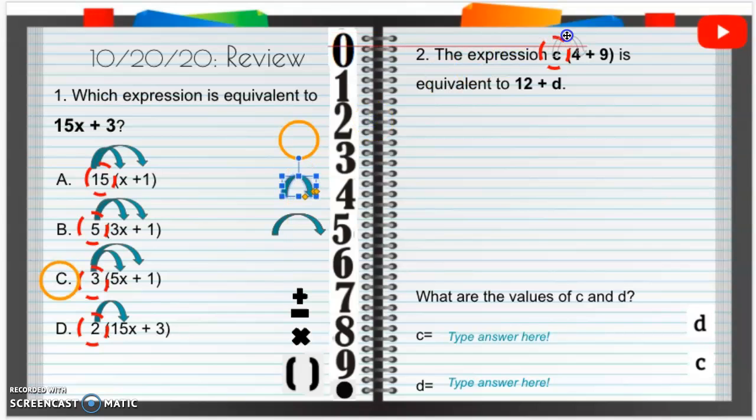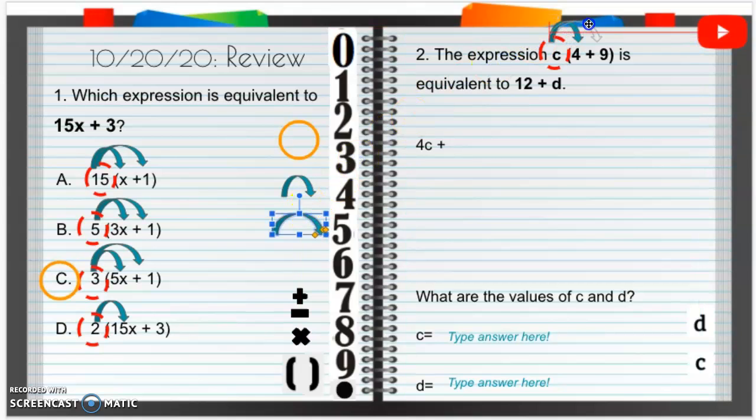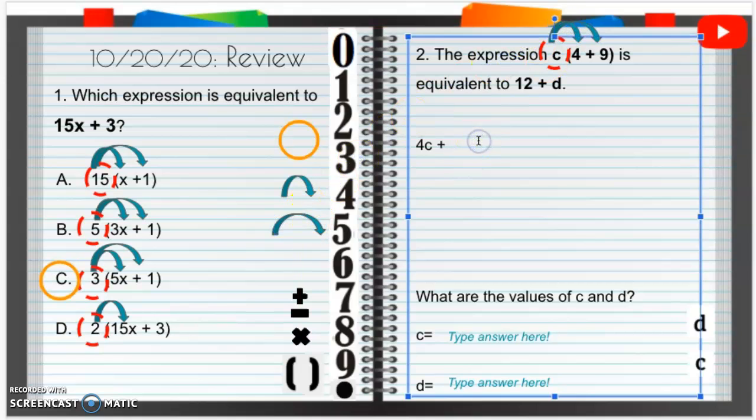So if we have that C times 4, well, I know that C times 4 is going to be 4C, or 4 times C. I'm going to keep that plus here. This one's a little bit tricky, don't stress. Then we'll have that C times 9, or 9C.